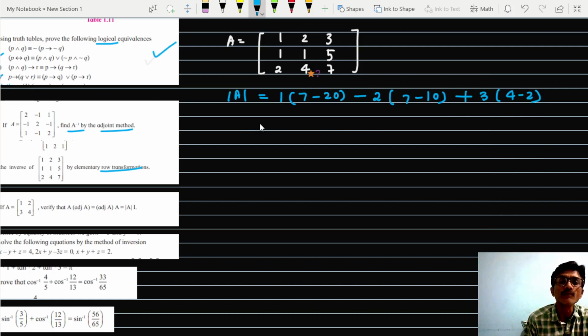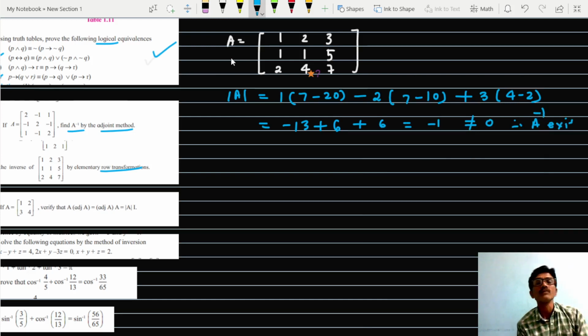So that is minus 13, plus 6, minus 2 and then minus 3... plus 2, 6 will be... so it is minus 1. Clearly it is not equal to 0, therefore the inverse of this matrix exists.